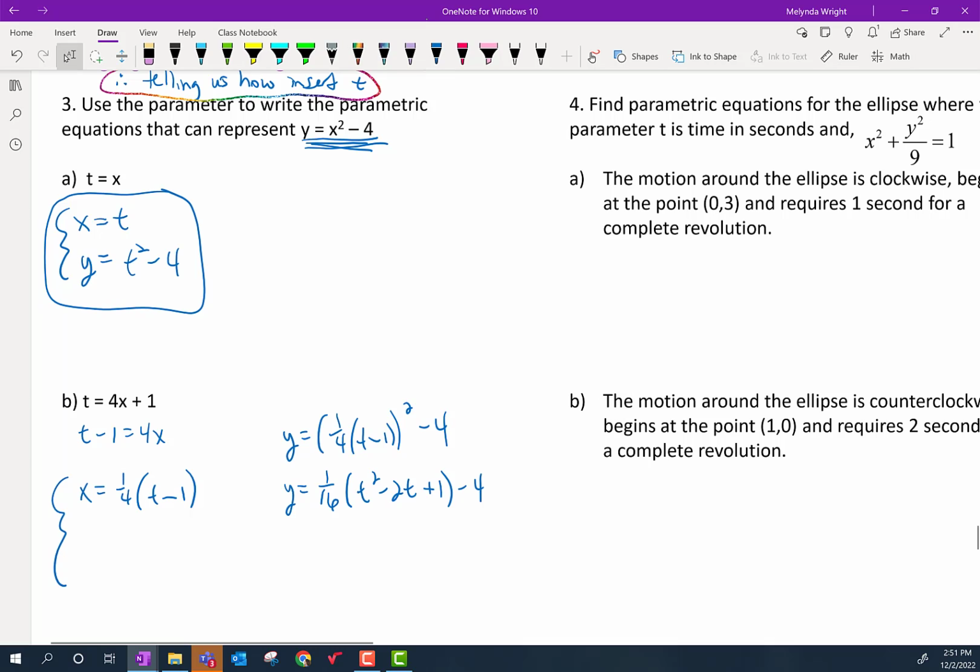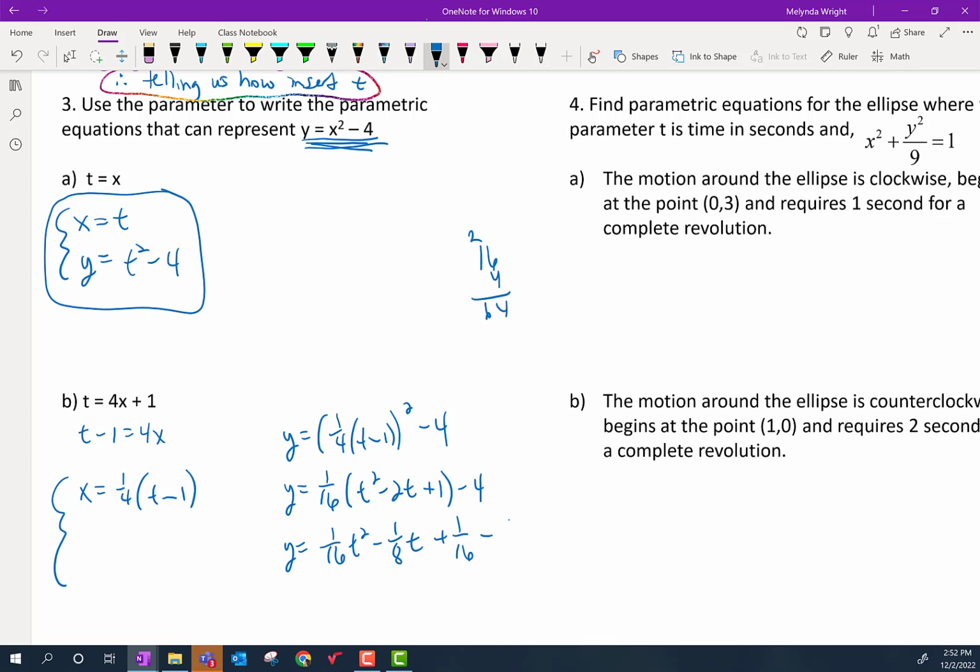The last thing that I need to do is just clean it up. It just needs to be cleaned up because that's kind of a mess. So I'm going to have to distribute the 1/16. 1/16 t squared minus, let's see, 2/16 is what, 1/8 t plus 1/16. I need 4 to be in sixteenths. Let's see, what is 16 times 4? 6 times 4 is 24. What is 64?